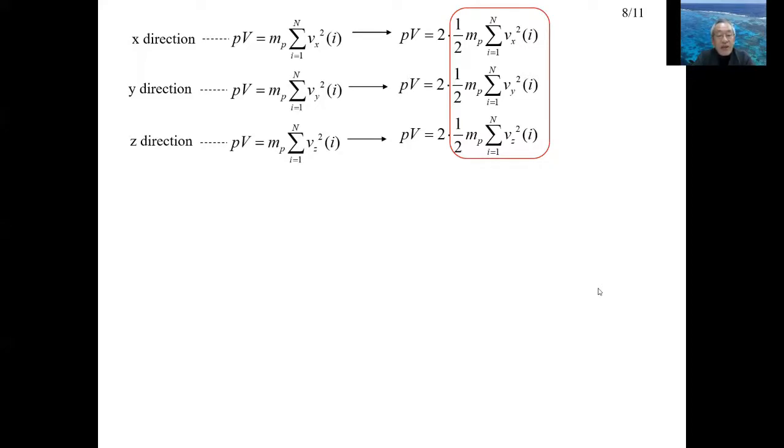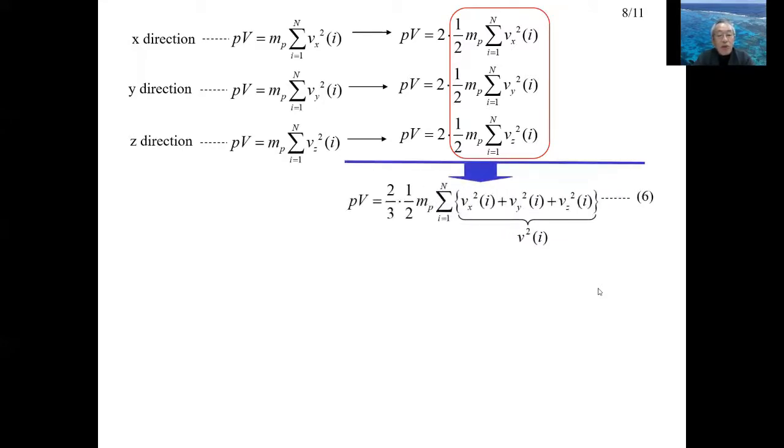In the right side of the equation of the arrow, PV is expressed as twice the kinetic energy. If you sum the three components and average them, PV is given by equation 6.